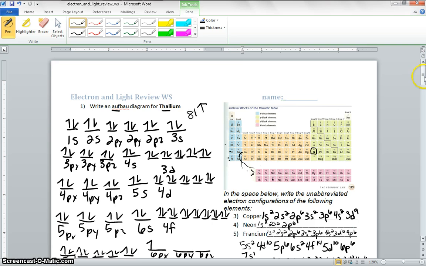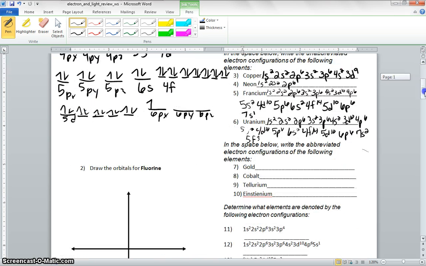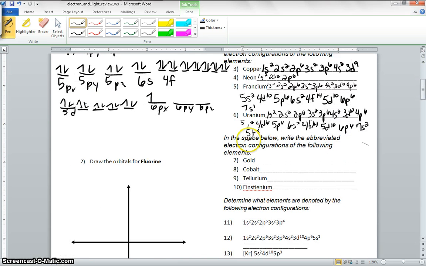So that's going to be xenon. So we'll put that in brackets. And then it's going to take us to 6, so it's going to be 6s2.